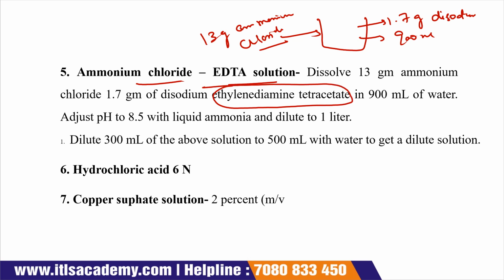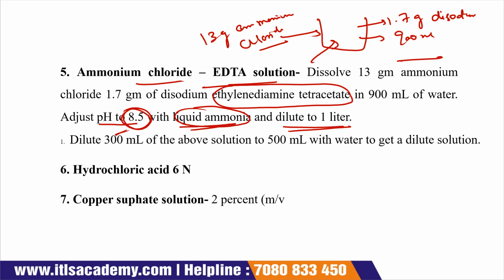When it is completely dissolved, we adjust its pH with the help of liquid ammonia to 8.5. After adjusting its pH, we dilute it to 1 liter. So the remaining distilled water will be added.